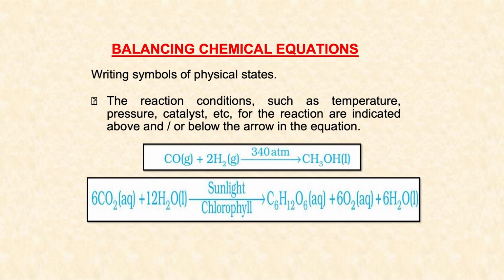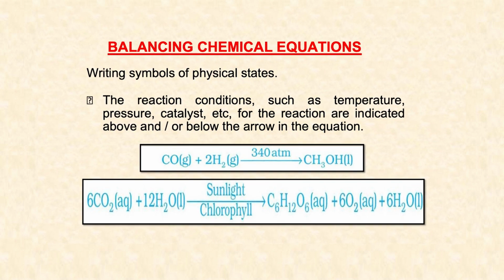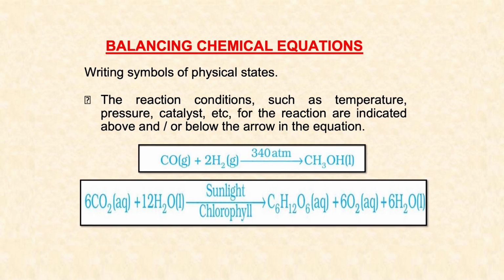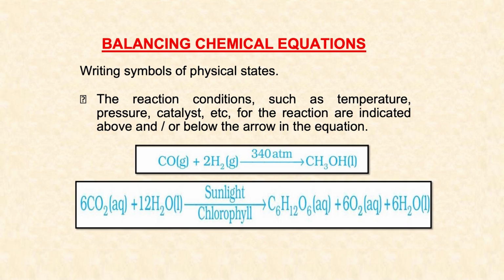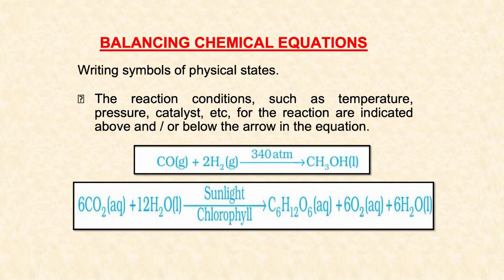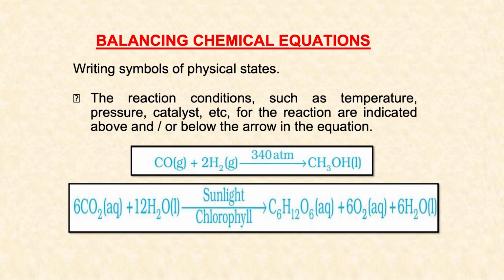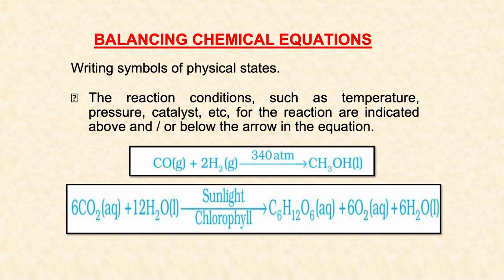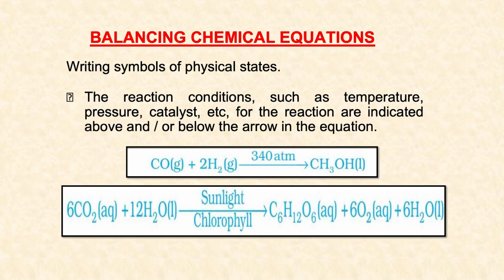For example, in a chemical reaction between carbon monoxide and hydrogen gas, the pressure condition of 340 atmospheres is written above the arrow. Similarly, in photosynthesis reaction, we write sunlight and chlorophyll above and below the arrow.